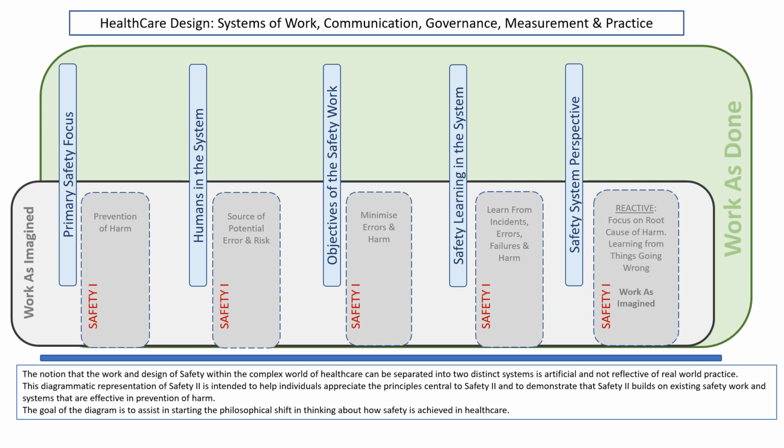Safety 2 recognises that adaptations in practice exist, whether desirable or undesirable, and how and why they occur is important to safety learning. Ignoring those adaptations or trying to minimise them can increase other risks that we are not overtly aware of.